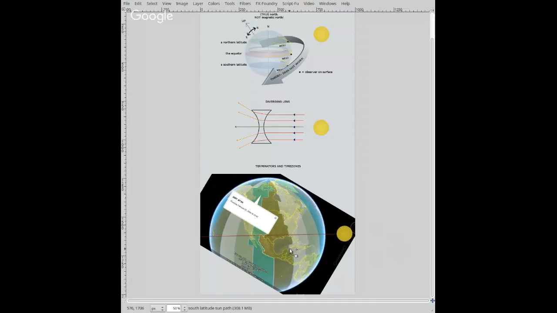And the only way that's possible is if the sun is this way to the line. That's a time zone line, a terminator line. We have time zones because of terminator lines. That's what the edge between one time zone and another is. It's a terminator line. That's why we have those.